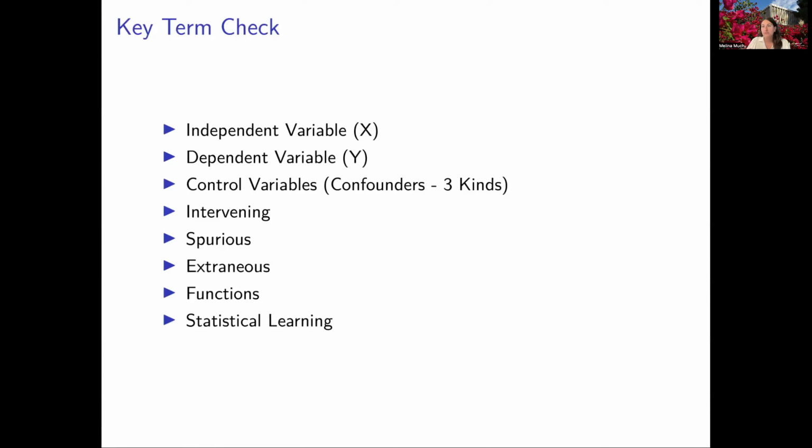We also have this framework of understanding functions, where Y is a function of our X. And that solidifies our understanding of statistical learning as a framework for understanding our theories about the world. This is going to wrap up our module 1C, and we're going to move on to part D.